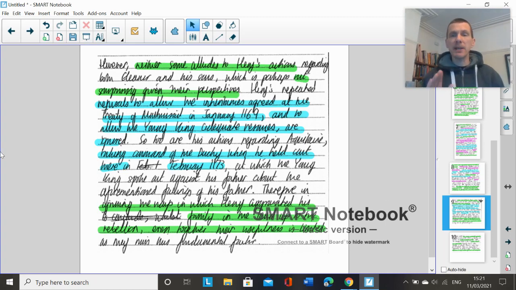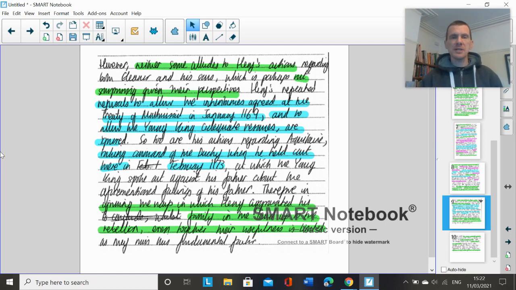This is relevant because we've been asked to investigate the role of Henry II's family in the Great Rebellion. And the role, if you read these two sources, it seems they're prominent, but they are kind of self-motivated, and they kind of did it out of the blue.